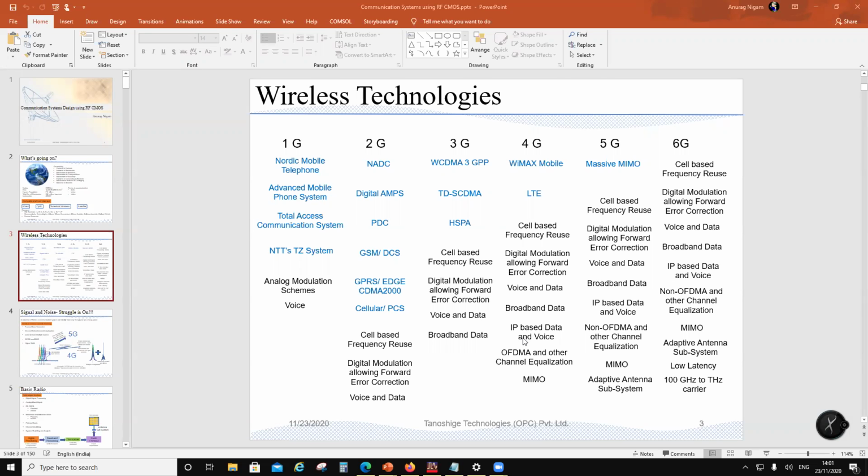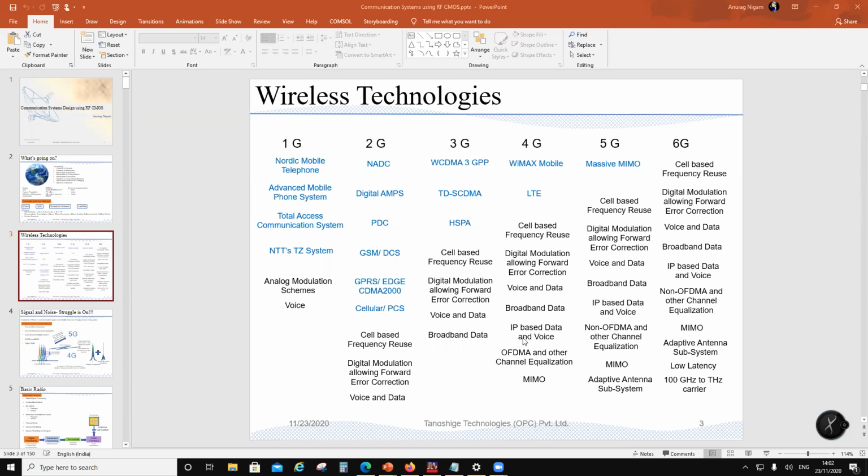That means that you can have more data in these channels if they are not completely orthogonal. So that's the major difference going from 4G to 5G: orthogonality is not a do-or-die thing. You will allow certain correlation, and that way you can increase the channel capacity. That's what happened with 5G.